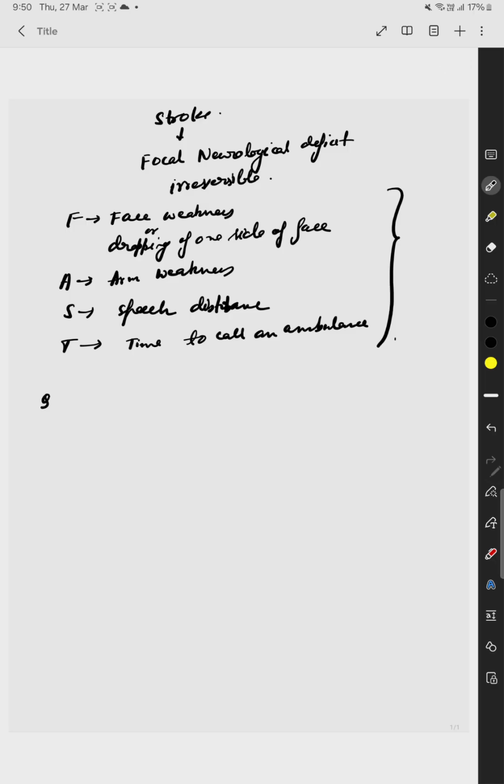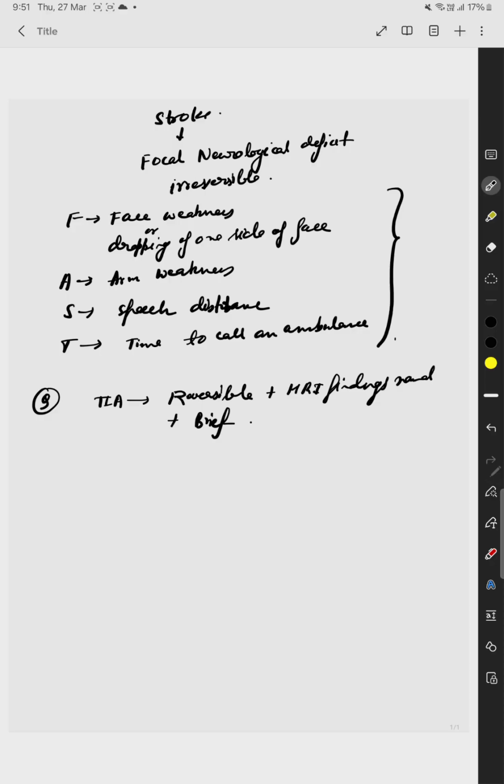So what is TIA? TIA is reversible, the MRI findings will be normal, and it will be brief. Okay?